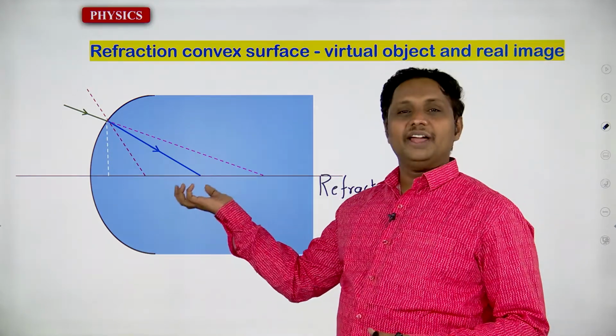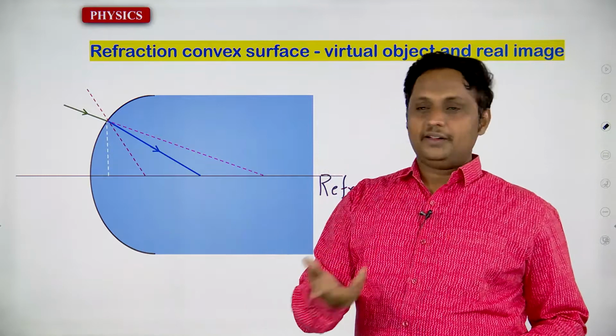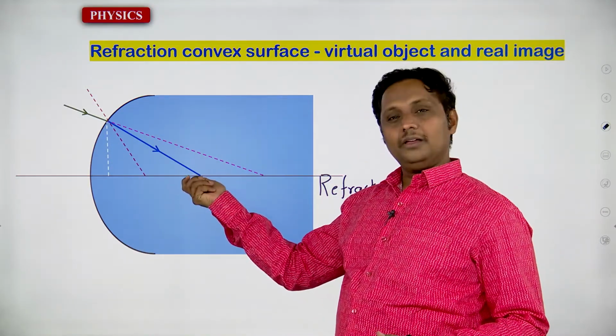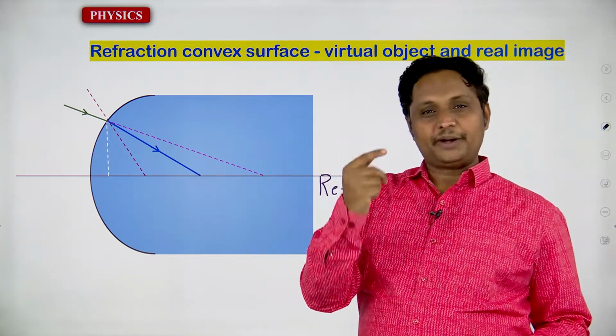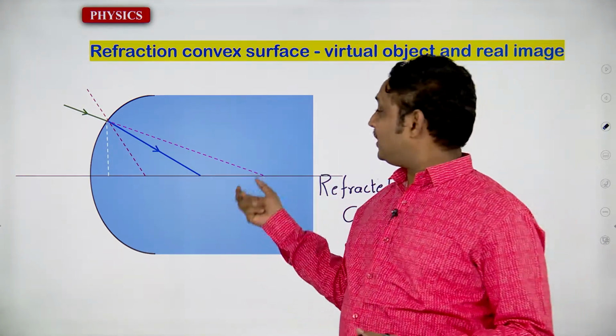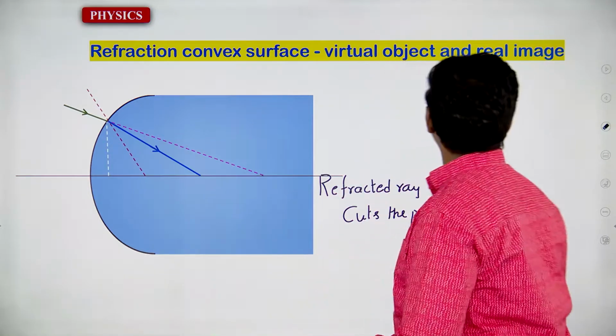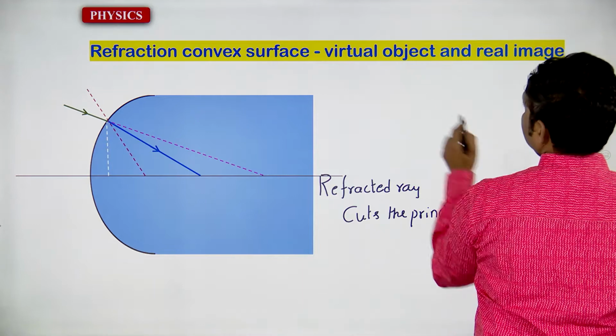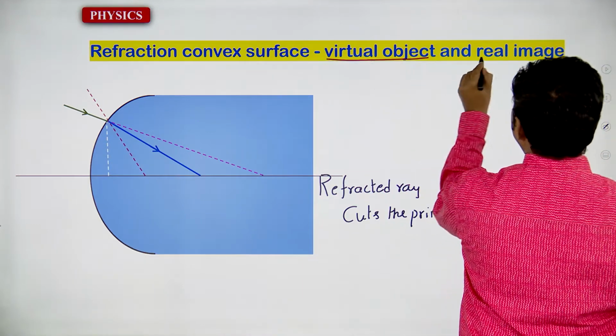The refracted light ray forms the image. If you take the position of this image with respect to the principal axis, it's going to be a real image. It's very clear. Virtual object and real image.